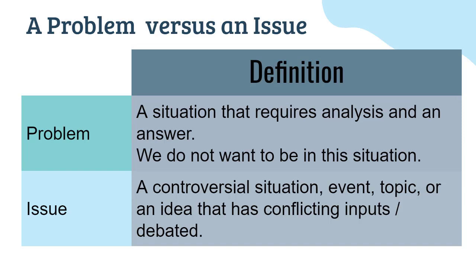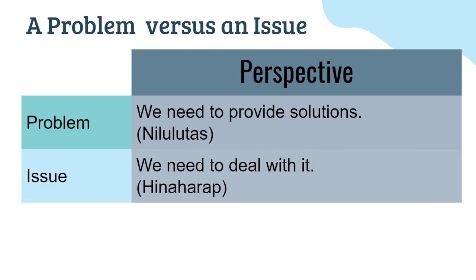Now, this leads us to look at these two concepts, problem and issue, okay, by looking at how people see them, or the perspective. So how do people see a problem, and how do people see an issue? For many, a problem needs solutions.